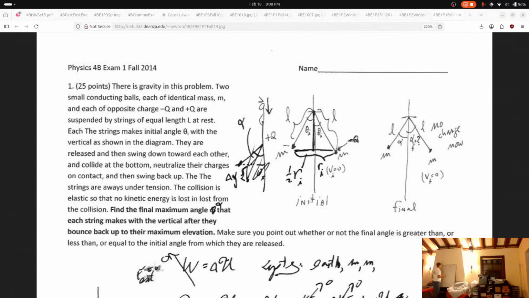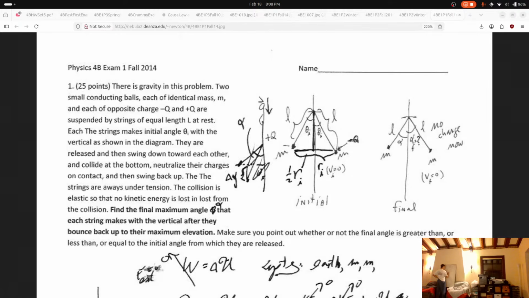Okay, what we're trying to find is alpha. But now what is Ri? We need to tack, because Ri equals 2L sine theta. Okay, so now we want to find alpha. So we're going to have minus k q squared over 2L sine theta, okay, is equal to, I'm going to divide by this.